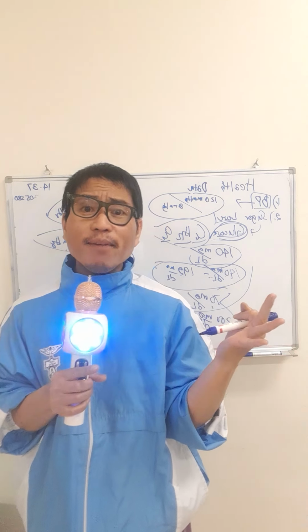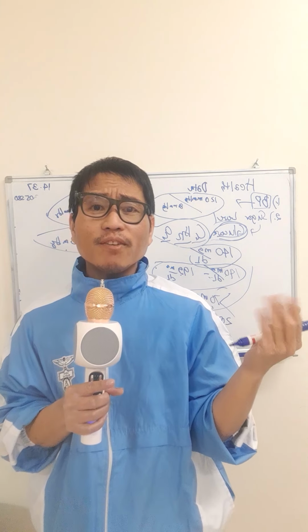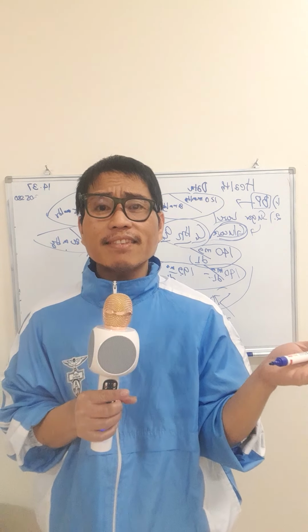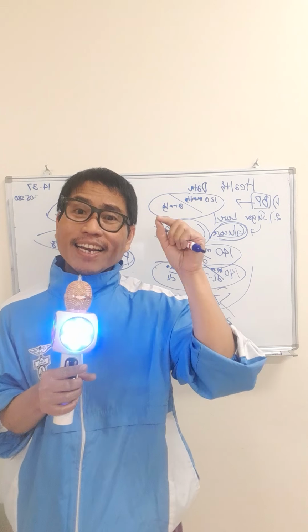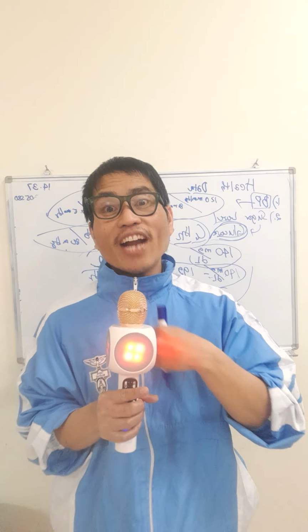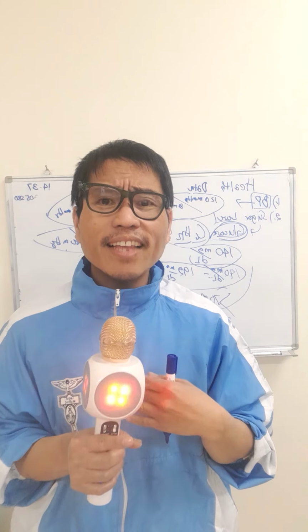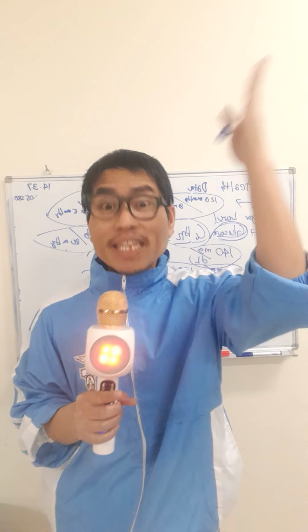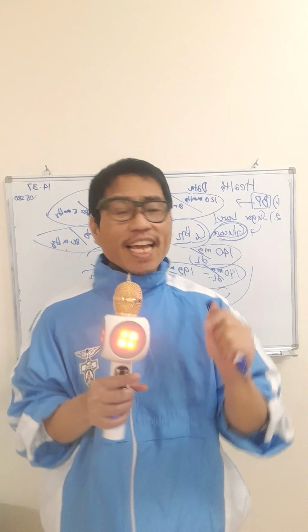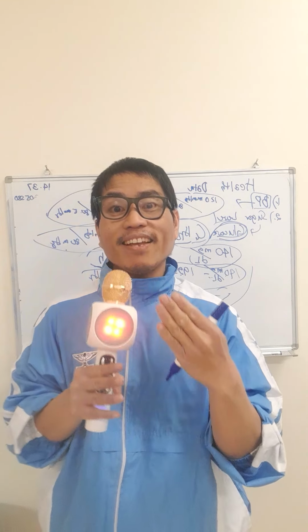What else? Hyperglycemia, hypertension, the risk of cardiovascular diseases, atherosclerosis, the hardening of your artery, something like that. And there is also the increase in cholesterol. Okay, sugar and cholesterol are dependent with each other.